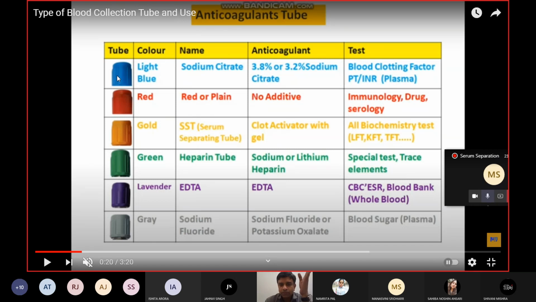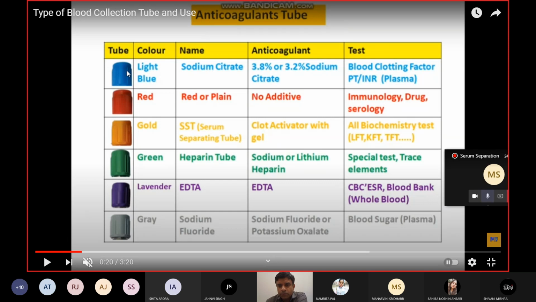Why the blood is distributed into different tubes is that it all depends on what kind of test has been recommended, right? Just for example, this blue tube contains sodium citrate. If the doctor has asked for blood clotting factors or the PT-INR test, the technician will put some of the blood in this tube.